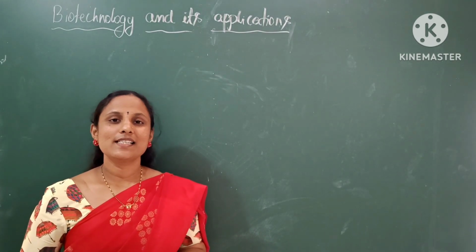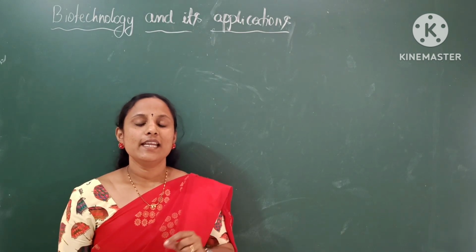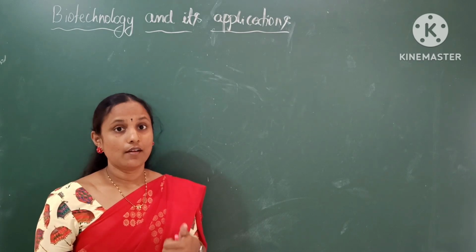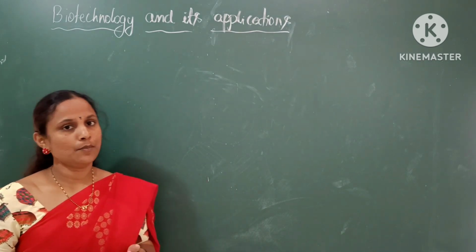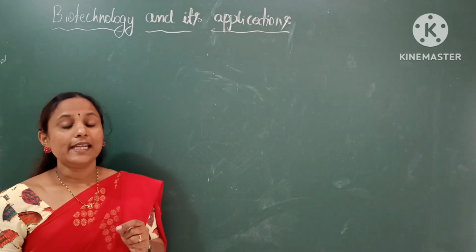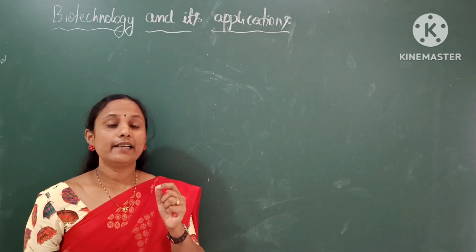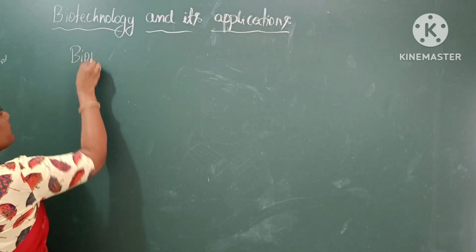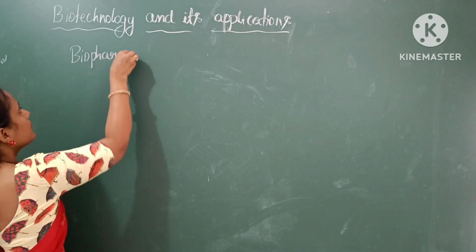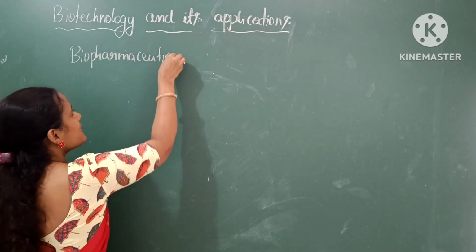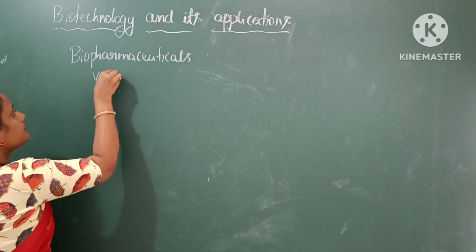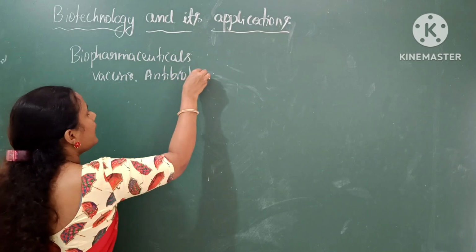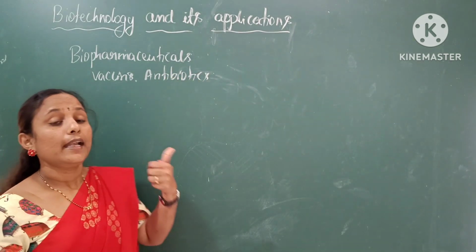In this class, we shall study about biotechnology and its applications. As we discussed in the previous chapter, that is biotechnology principles and processes, biotechnology essentially deals with the industrial scale production of biopharmaceuticals such as vaccines, antibiotics, and certain therapeutics at the industrial scale.